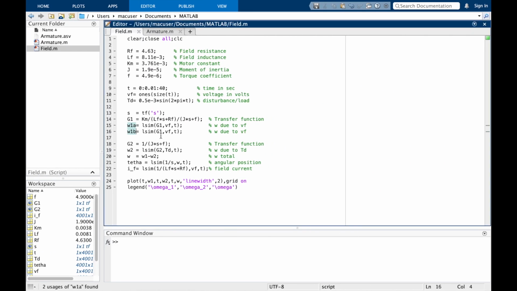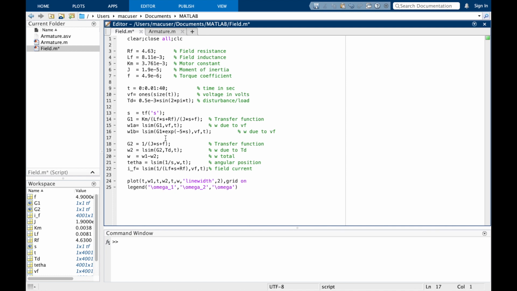This one is G1. As the function is delayed by 5 seconds, I'm multiplying this by an exponential function, e to the minus 5s. Remember that delaying a function in the time domain means multiplying the transfer function by an exponential where the constant is exactly the same as the delay.